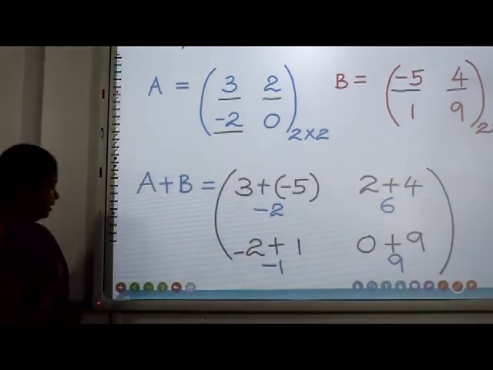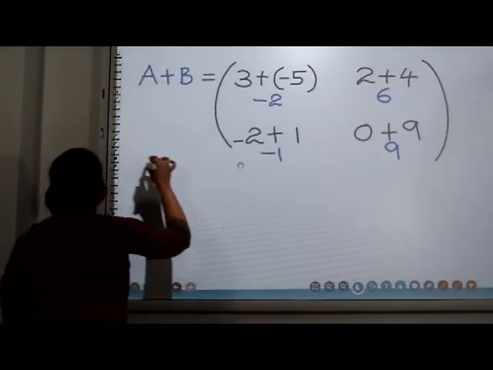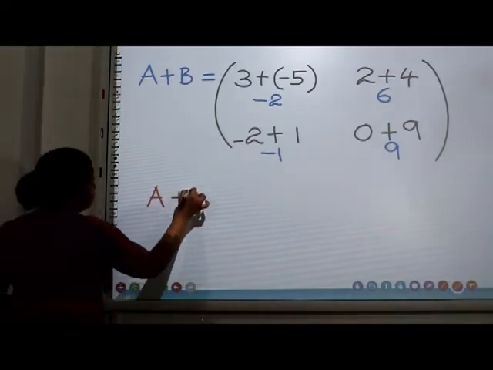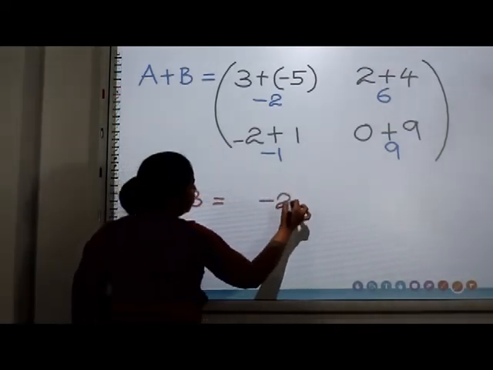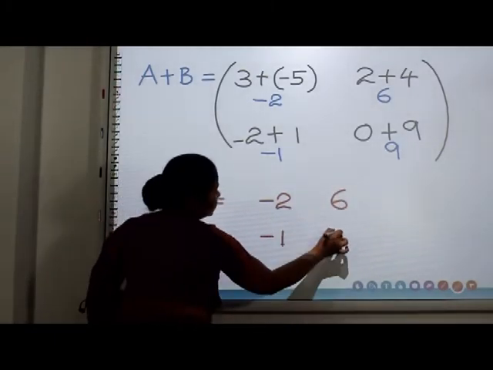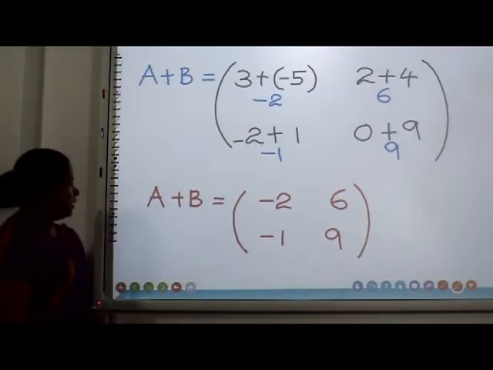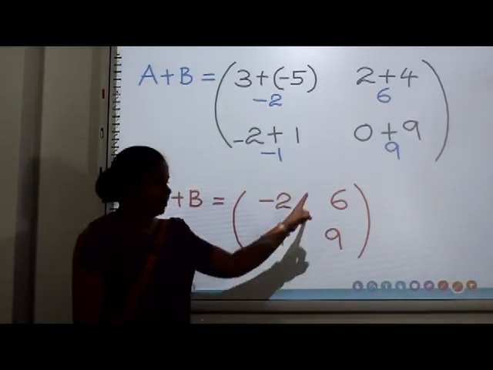Now you can see the sum of A and B is here. In the first row, minus 2, 6. The second row, minus 1, 9. And the order of the A plus B matrix is 2 by 2.